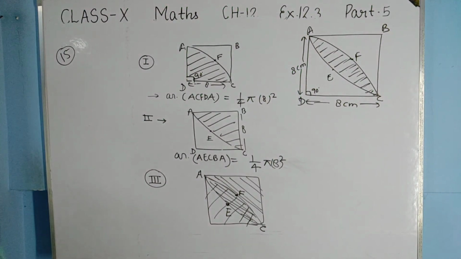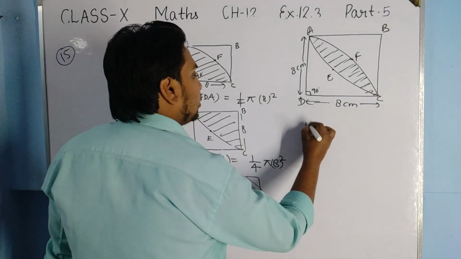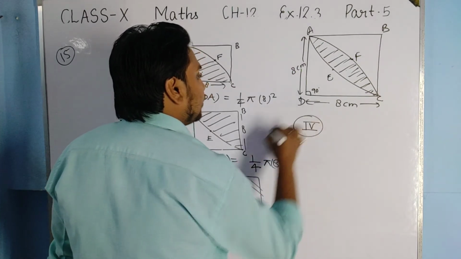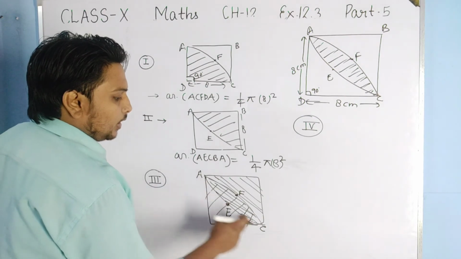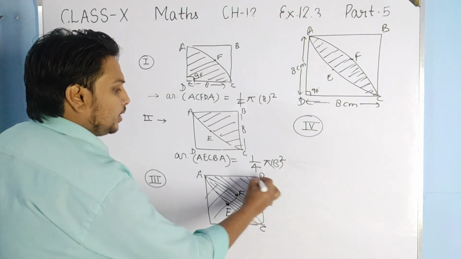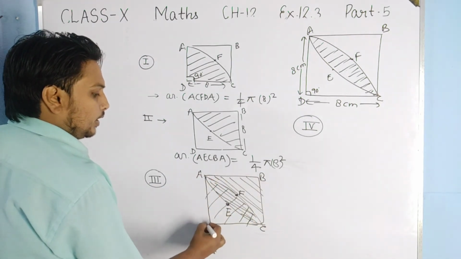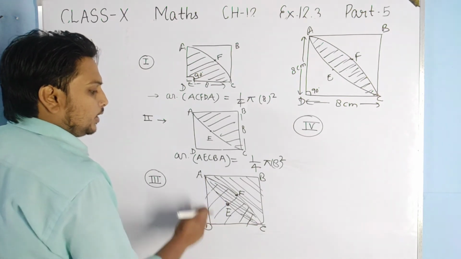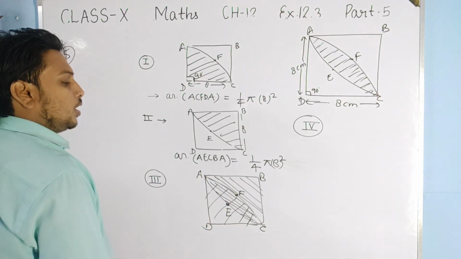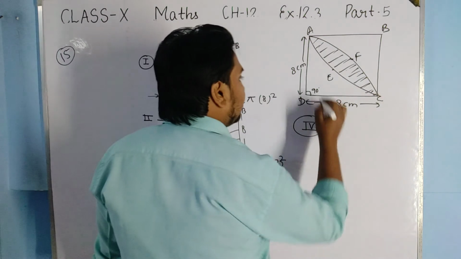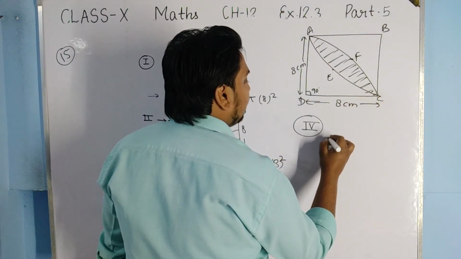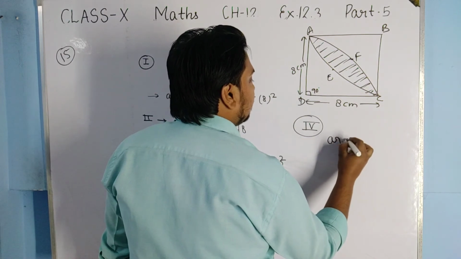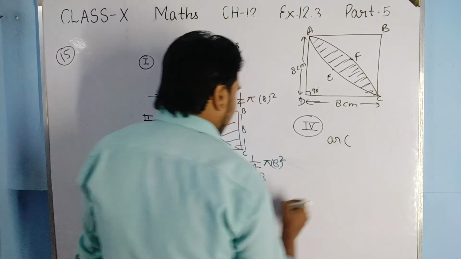Okay, now what will we do in the fourth step? See, we have this quadrant AECBA and we have the area of AFCDA. So what will we do to find the area of the shaded region?